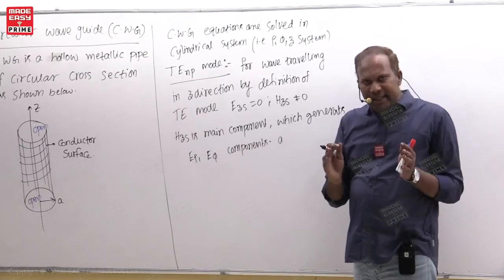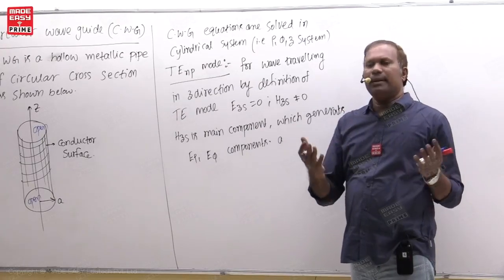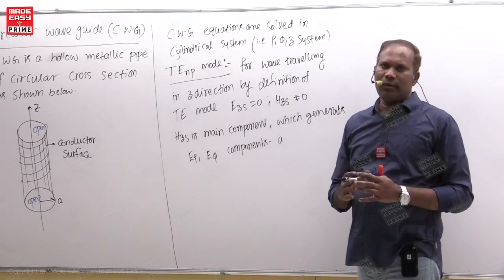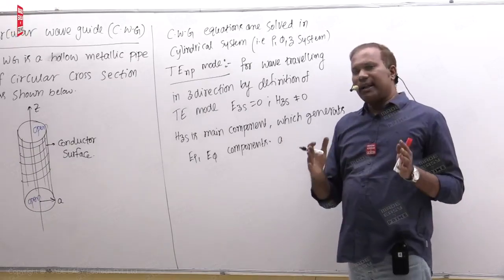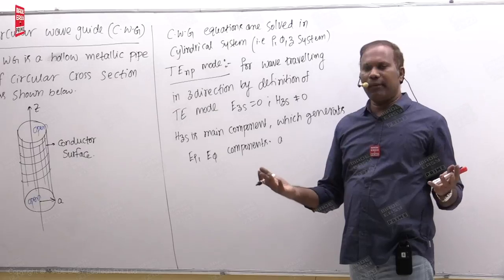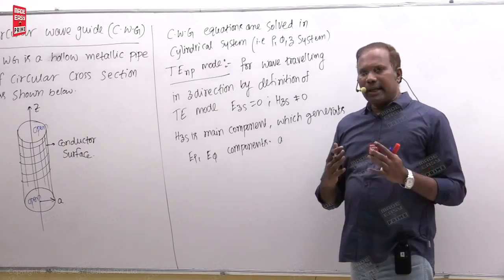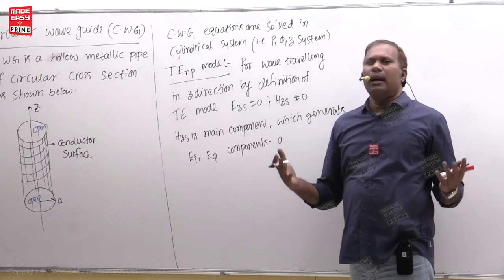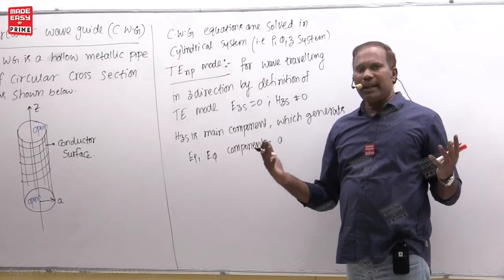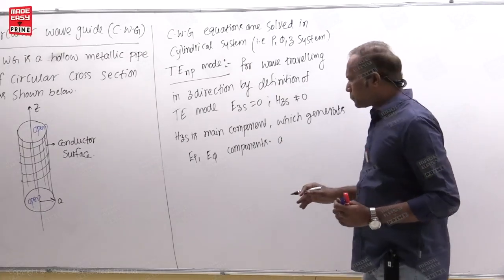Circular waveguide, circle shape, concept everything is the same, but you have to solve in the circular coordinate system. In rectangular waveguide, rectangular shape, you solve in the rectangular coordinate system. That is why Ex, Ey, Ez are the fields, Hx, Hy, Hz. Circular waveguide, circle shape, circular coordinate system, and the components are E rho, E phi, Ez, H rho, H phi, Hz.